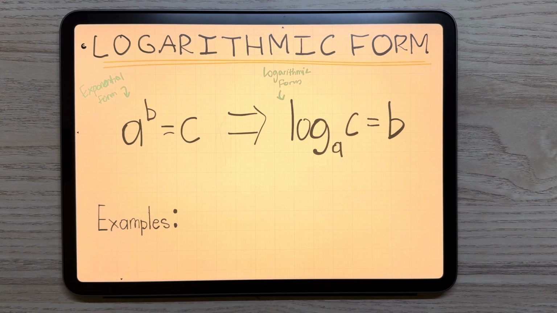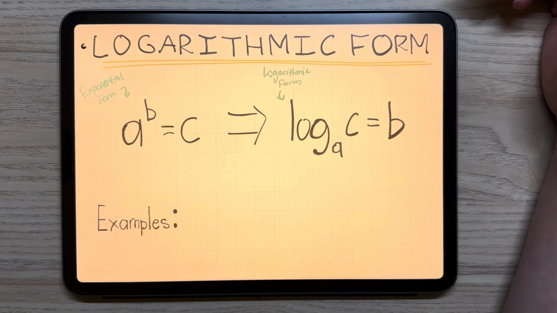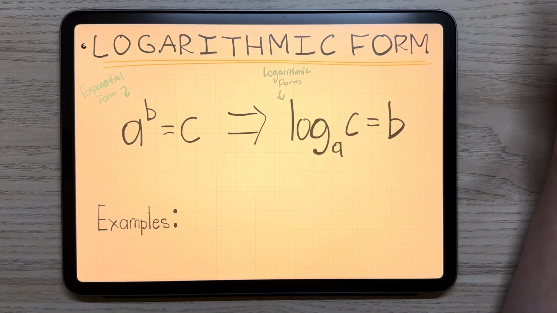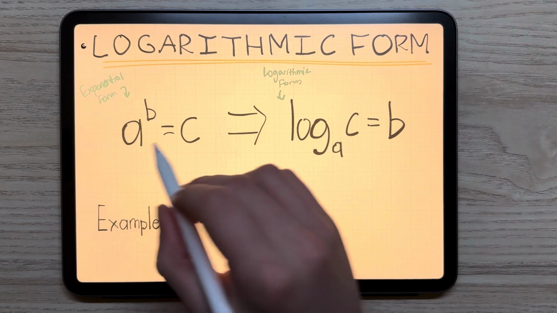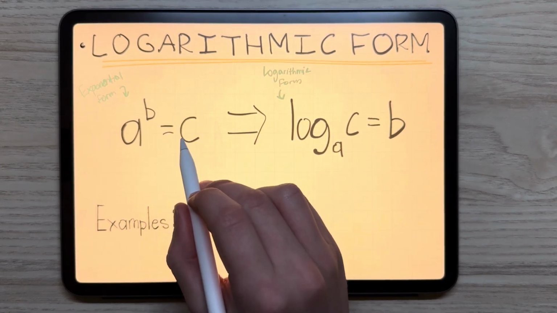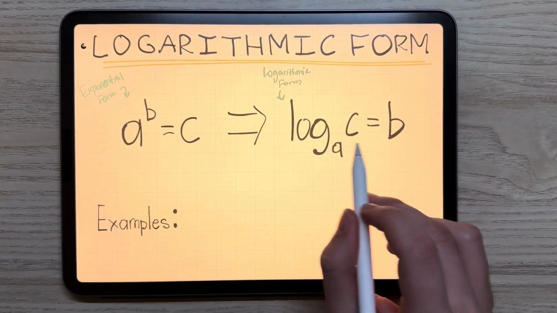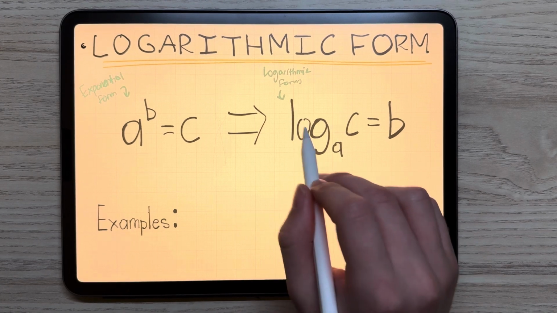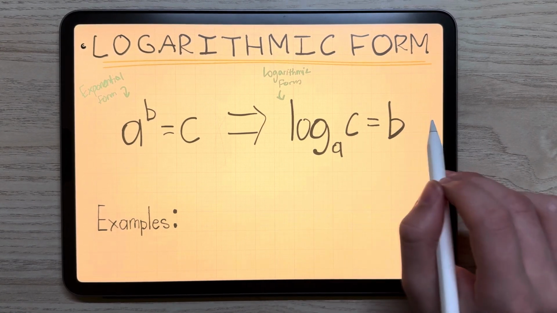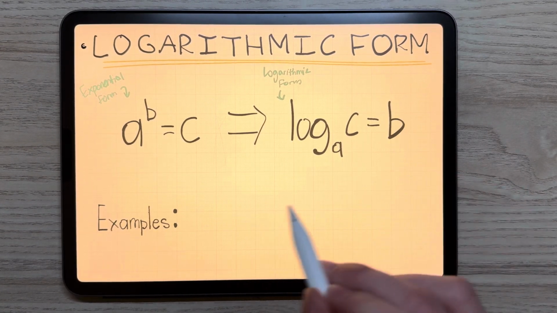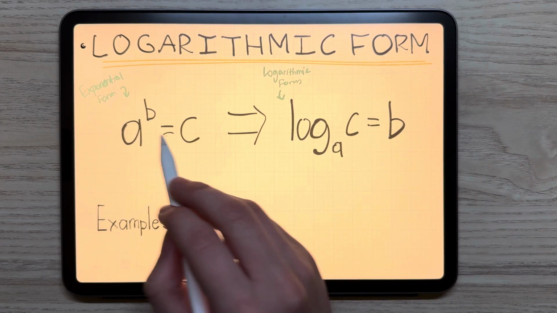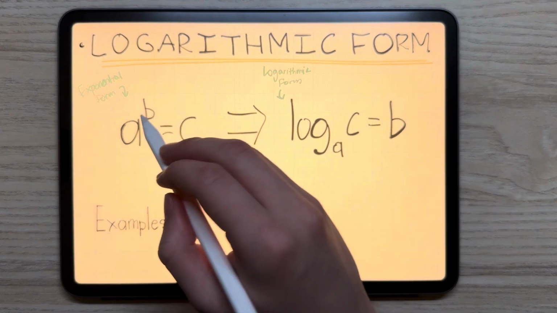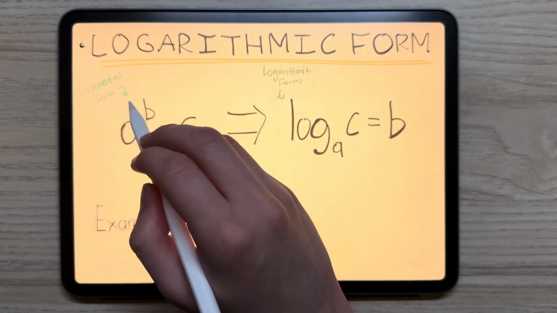So logarithmic form, how do we do it? It's another way to write something in exponential form. So if you have a to the b power is equal to c, we can rewrite this as the logarithm base a of c is equal to b. So basically, if you have two numbers, a and c, the logarithm is kind of like the power.